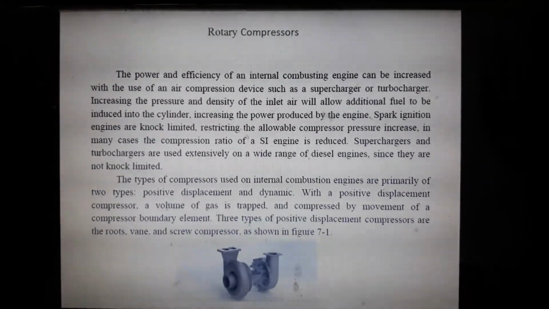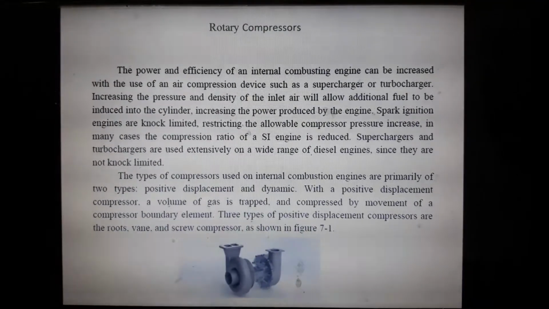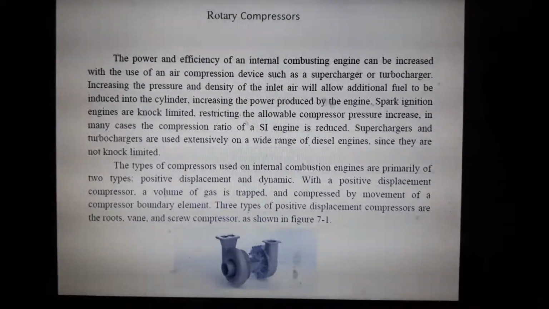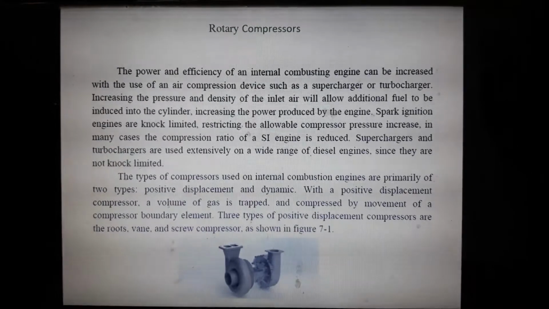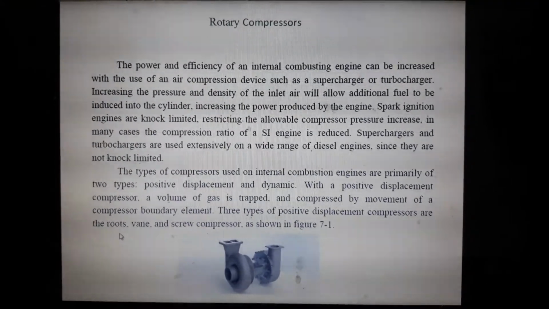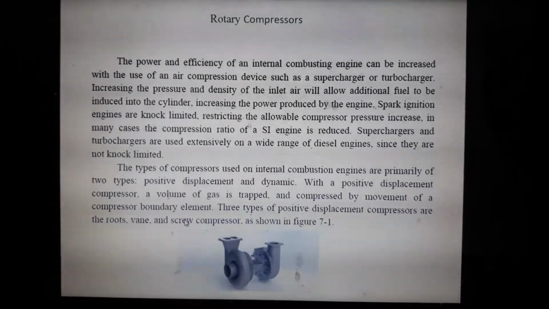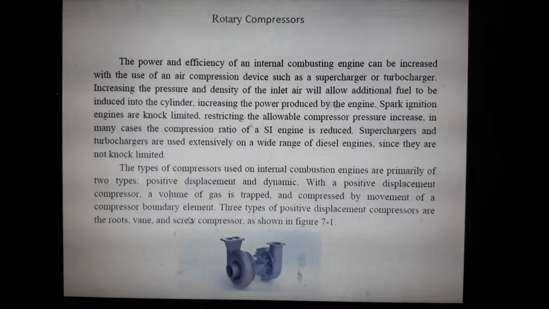We use compressors in aircraft, for pneumatic tools, for air brakes in automobiles and so on. Today we will discuss three types of rotary compressor, which are the vane compressor, the root blower compressor and the screw compressor.